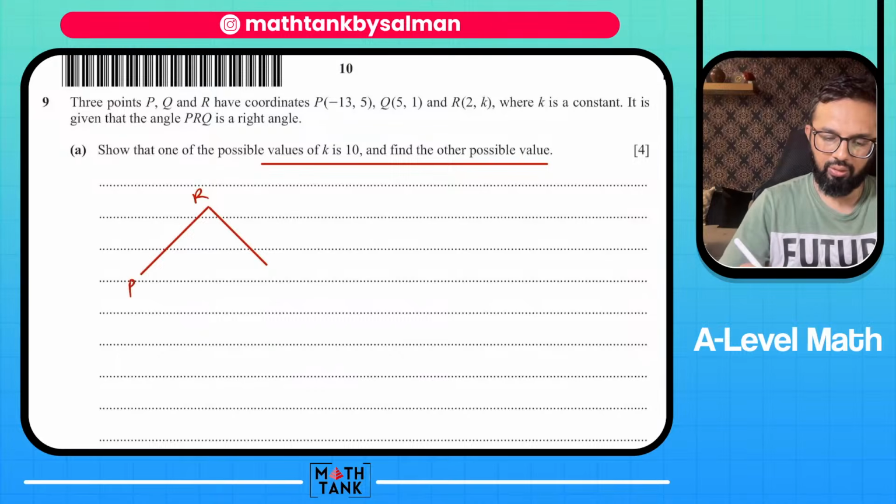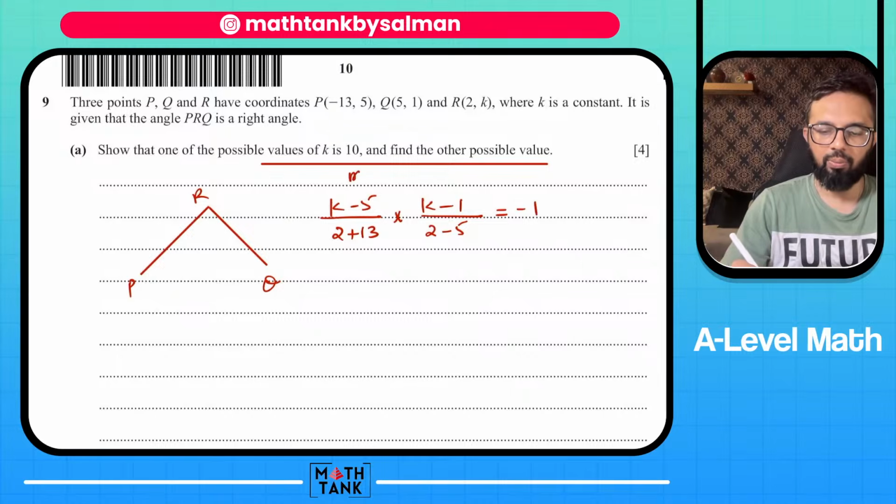The gradient of PR and the gradient of QR should have a product of -1.